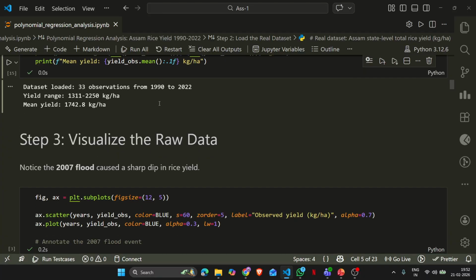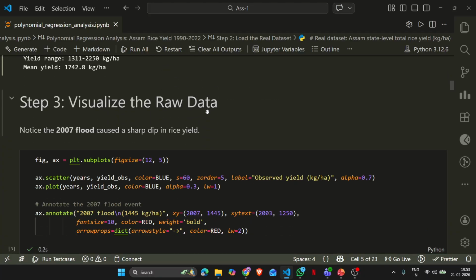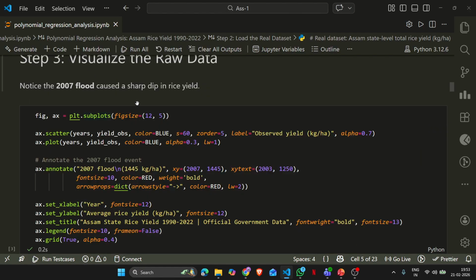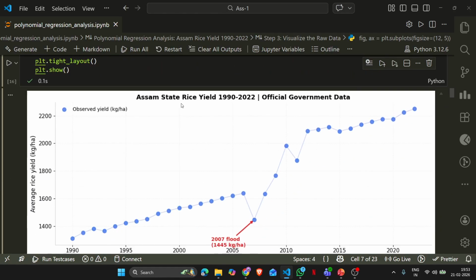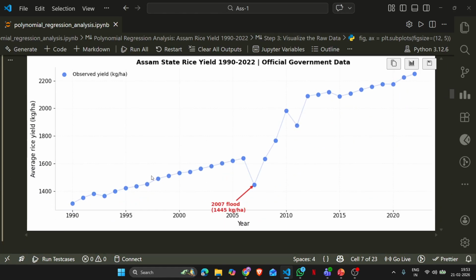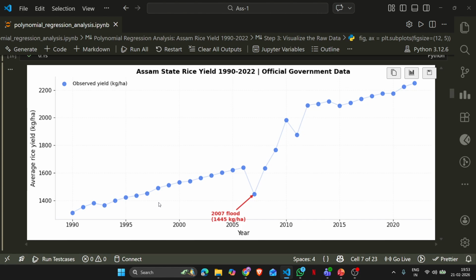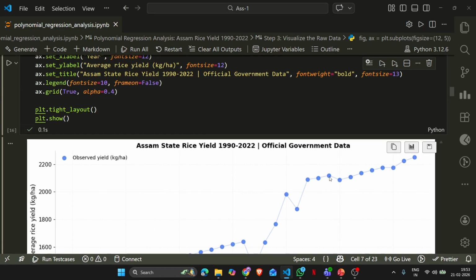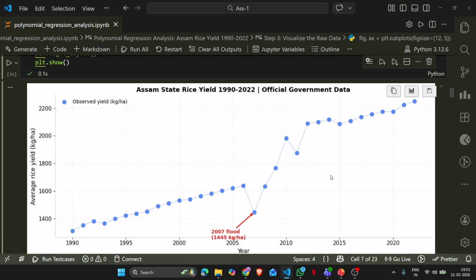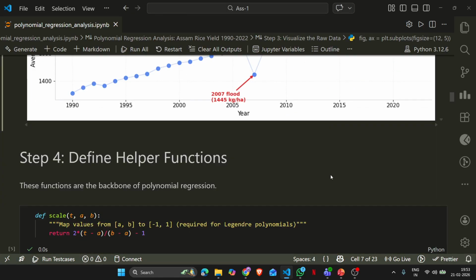Now, the first thing that we would do is visualize the data, to see if it is possible to fit a polynomial function through the data. So yes, we can see that this is the data from 1990 to 2022, and we would be trying to fit different polynomials through this data.